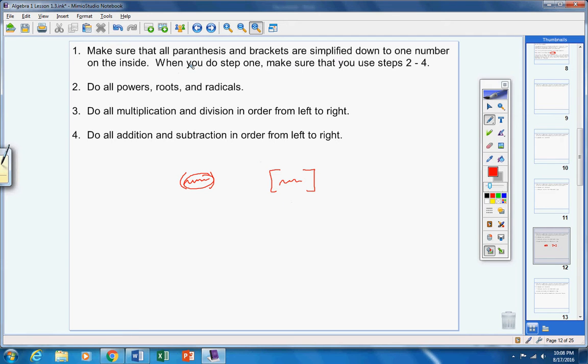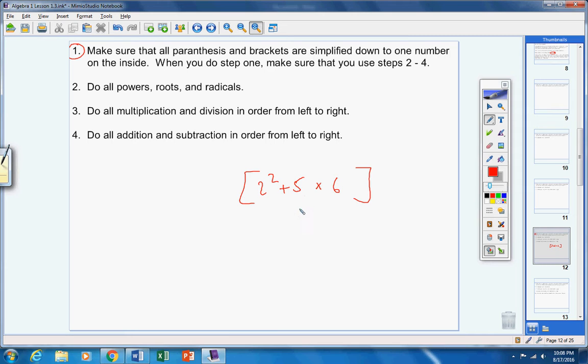Notice this very carefully when you're doing step 1. When you're simplifying your parentheses and brackets down to one number, make sure that you use steps 2 through 4 on the inside. In other words, let's say inside this bracket you've got stuff like 2 squared plus 5 times 6.